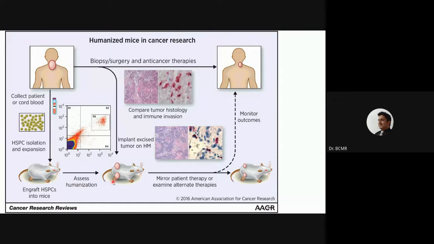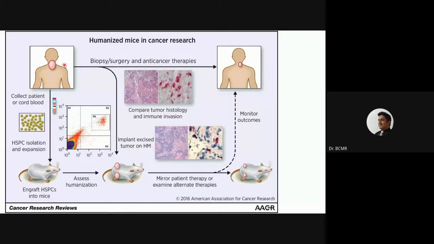And now we see how the progression of the tumor is happening. So we are trying to see what is happening with the human because of the biopsies and also after the therapies. We can also try the same therapies we are using in the human, or alternate therapies, to see what is happening to these tumors. If it is getting killed here, we can probably try a similar strategy in the human.